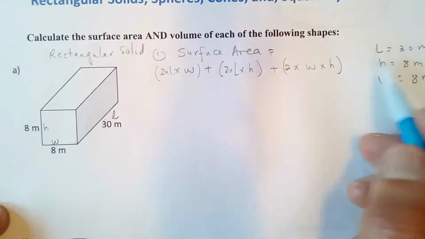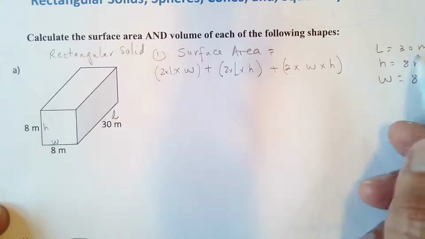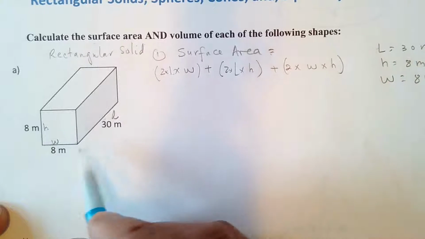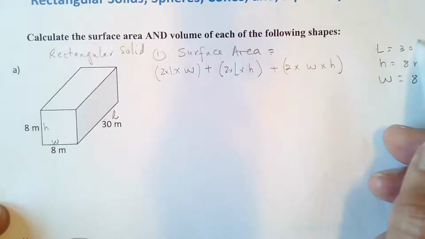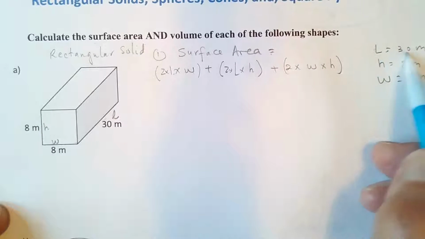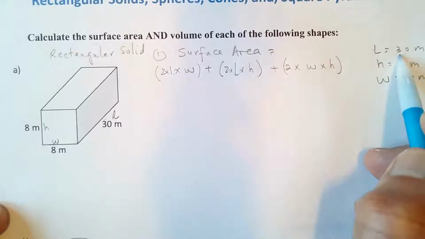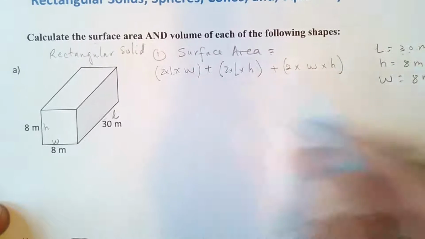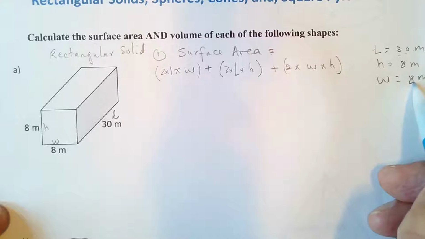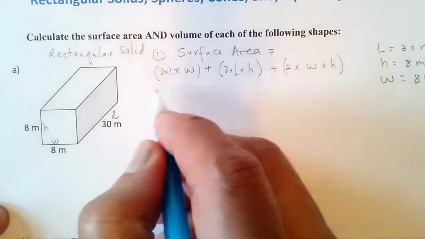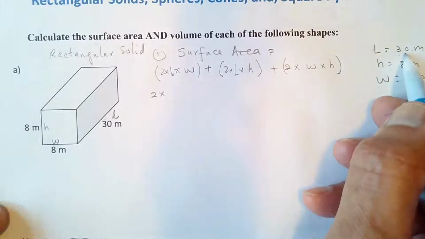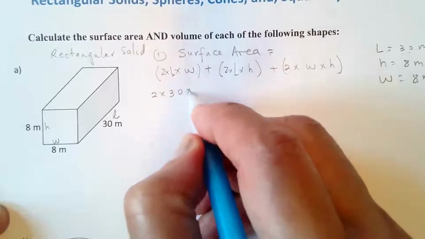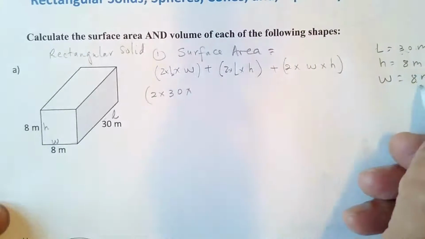Next, I'll substitute the values for the dimensions into our formula. So what do we have for L? You replace L with 30. Width, replace that with 8. So let's go ahead and do that. We have 2 multiplied by the length, replace L with 30, multiplied by the width, which is 8.